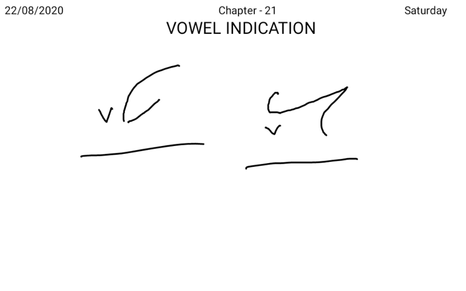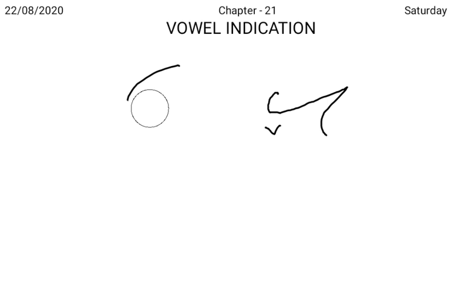Because when we write before L, V and large hook, that means that there must be a vowel before W. As we have written the outline above the line, it means that there must be a first place vowel. That vowel is implied. That need not be written. So up to this chapter, we were writing all the vowels. Here afterwards, wherever the vowels are implied as per rules, those vowels need not be written.